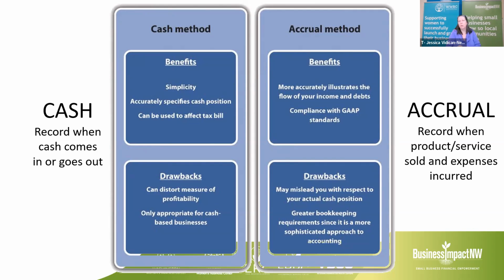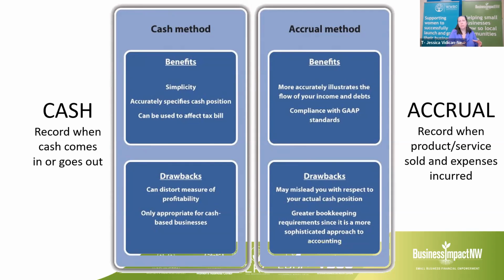But generally speaking, when you're running financial statements, reports like a profit and loss or a balance sheet, like we'll talk about shortly, you're going to run those on the accrual basis, because that gives you a sense of what you have and what is due in a more sophisticated way where you can understand it.